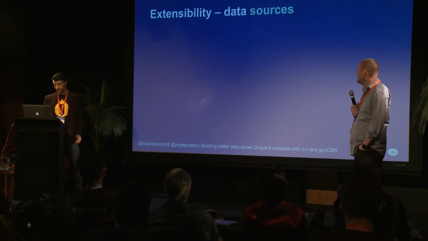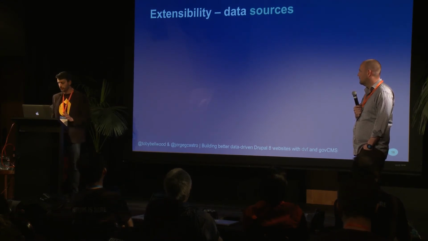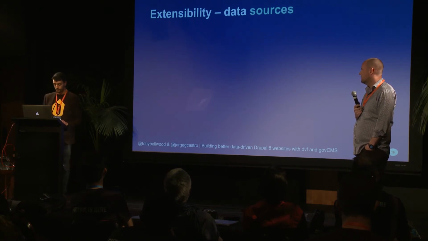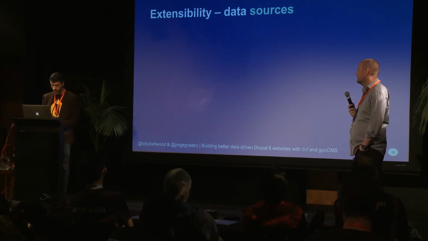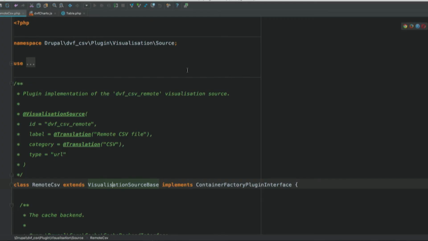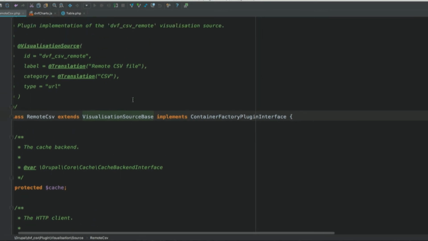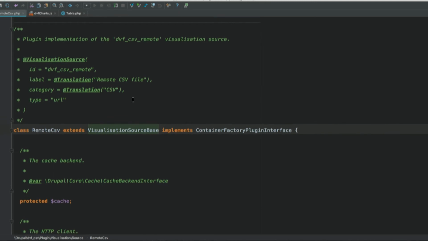Cool. So I'm just gonna show you what the code looks like. I know we don't have a lot of time, so I'm just gonna briefly show you what it looks like. So this is the CSV data source, which is just a plugin.